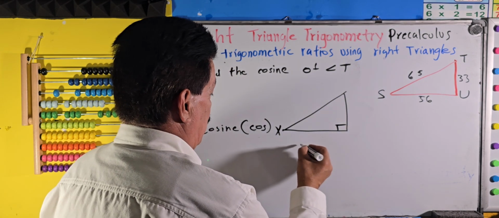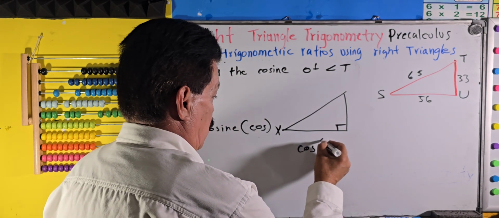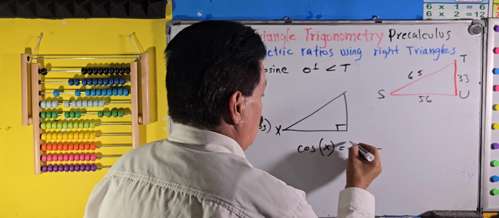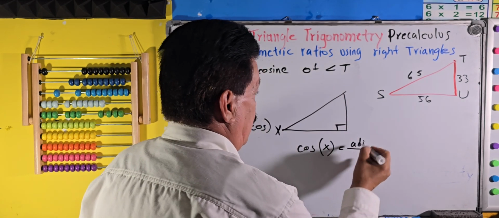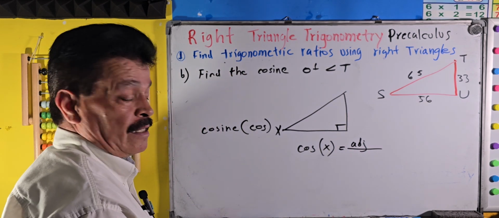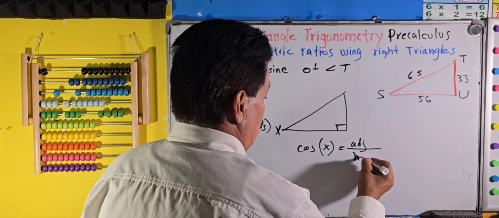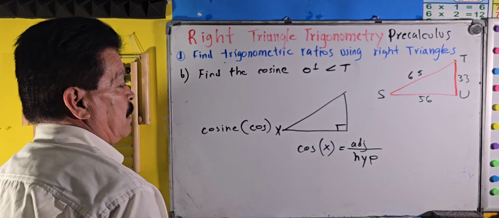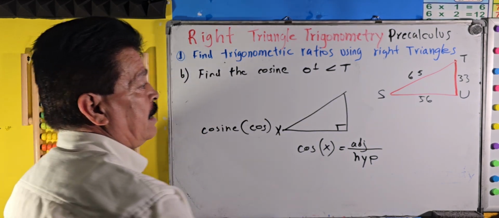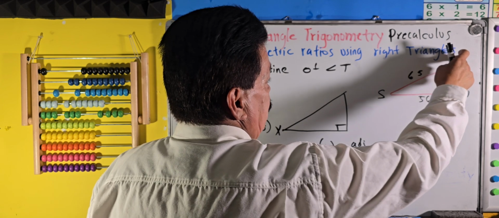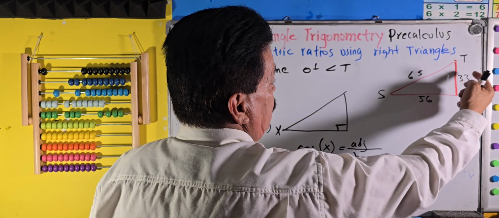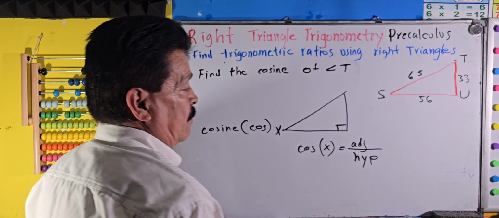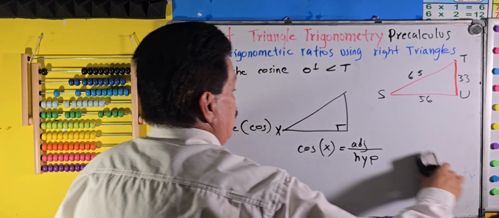Then cos of angle x is equal to the adjacent leg divided by the hypotenuse. This is cosine. So adjacent, we're talking about T. What is the adjacent side? This one is the adjacent side, 33, and then the hypotenuse is 65. All right, this is the main concept.